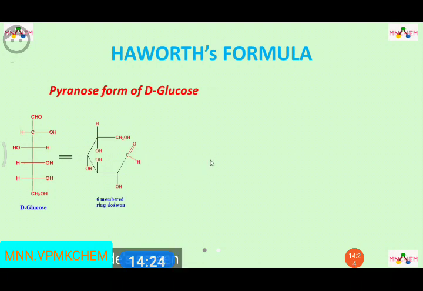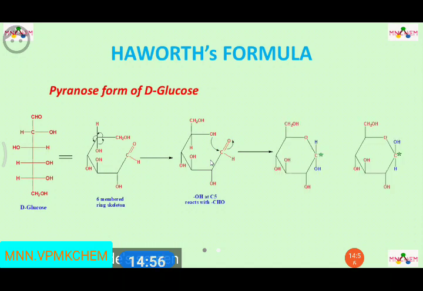Therefore, we need to reorient the three substituents at C5 carbon, and the structure can be written like this. Here, the stereochemistry at C5 carbon remains unchanged. Then the hydroxy group at C5 reacts intramolecularly with CHO and gives oxide ring formation.